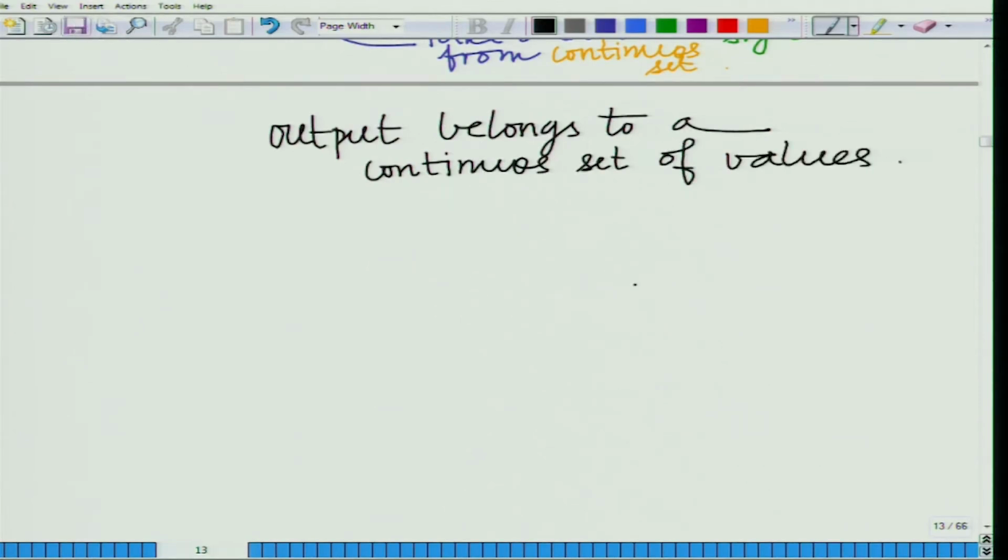The output distribution is characterized by a probability density function.